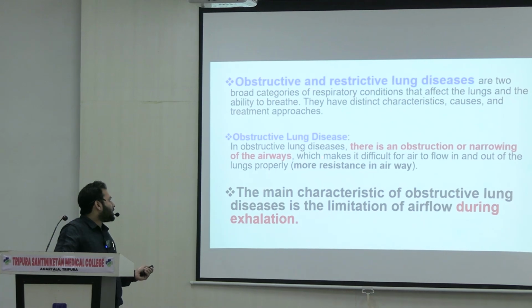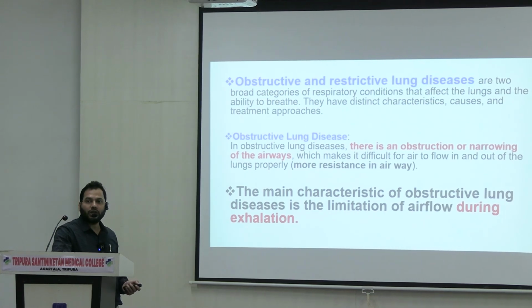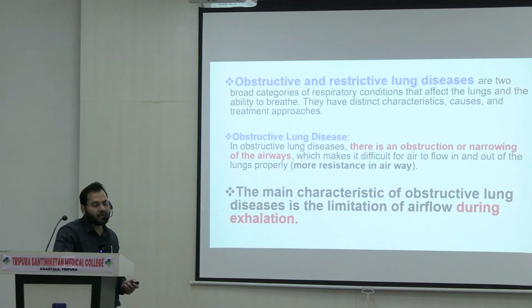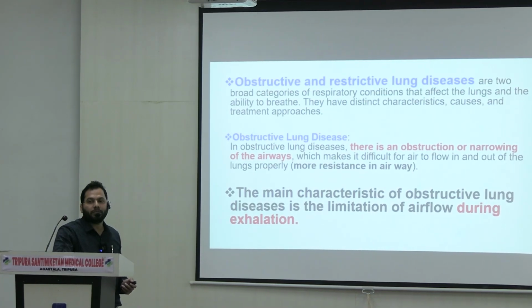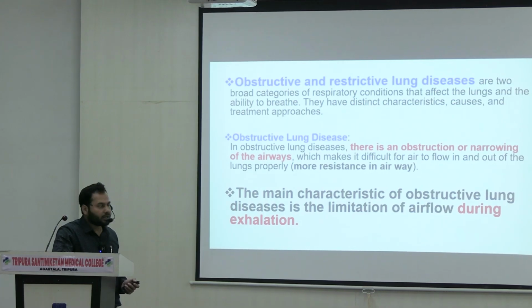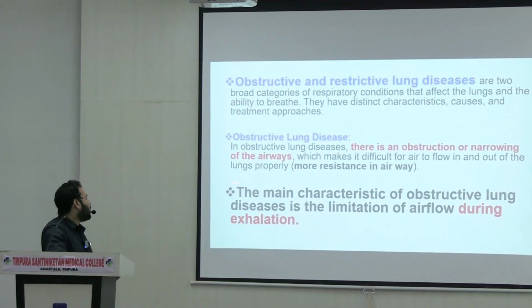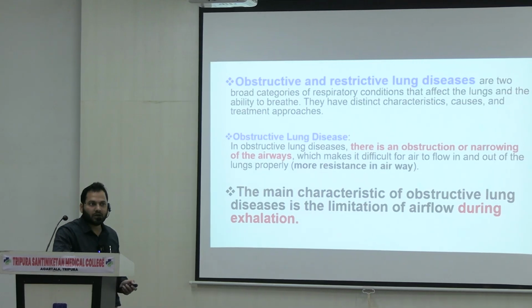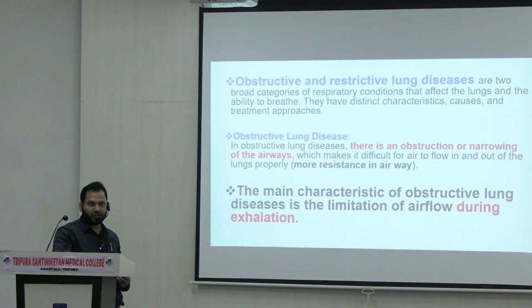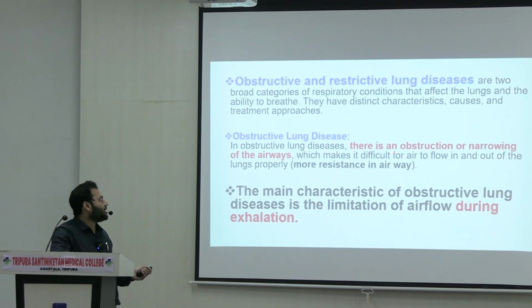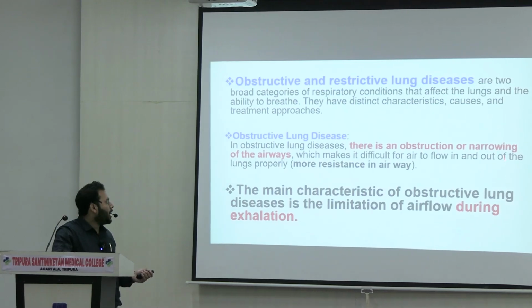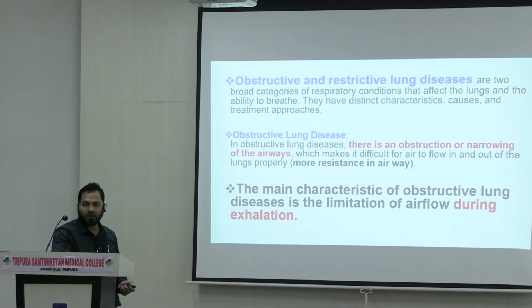Obstructive lung diseases are not a single disease. It means they are composed of a group of disorders, right? In this group of disorders, there is an obstruction or narrowing of the airways. This is the most important feature.